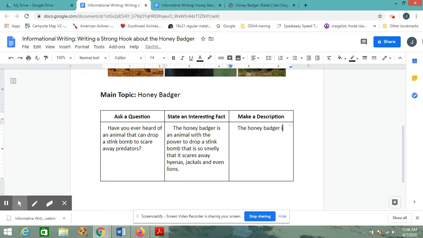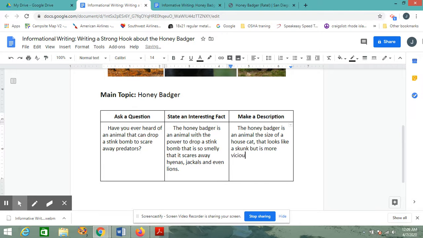The honey badger is an animal the size of a house cat that looks like a skunk, but is more vicious.